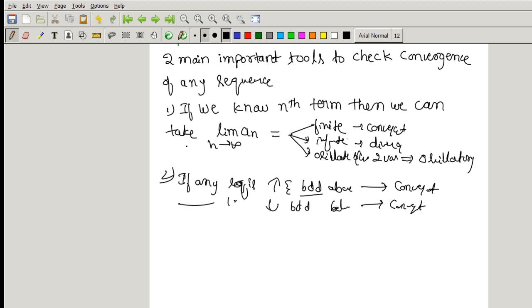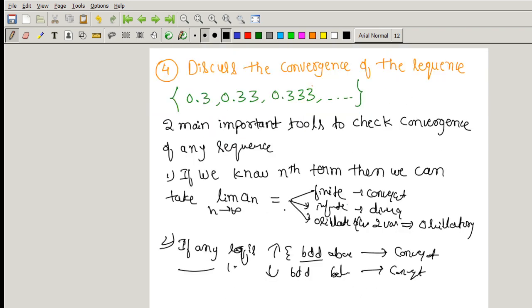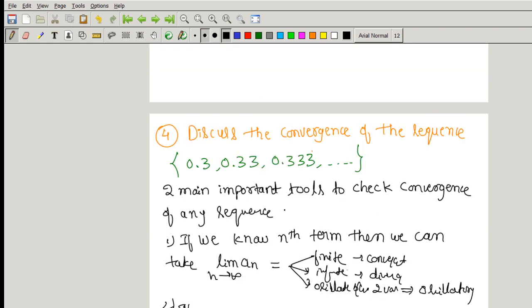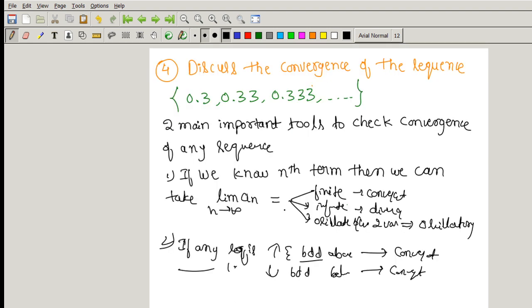In my previous two lectures, I have used these results. To check for convergence, I used the monotonically increasing and bounded above conditions. Among these two tools, which one is better to check convergence of the sequence 0.3, 0.33, and so on?